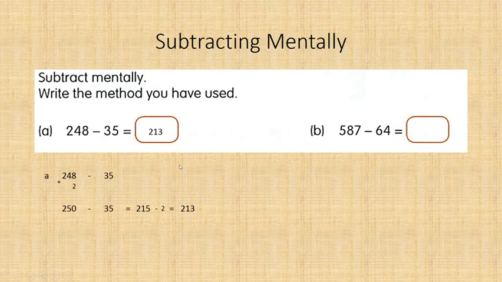Okay, let's go to question number B. 587 minus 64. Again, I'm playing with this number, so I can subtract 7 or 3. Maybe I can subtract 3 from here to make it 584. And here is going to be minus 64. Why did I do that? I just did that because I need to change these ones.